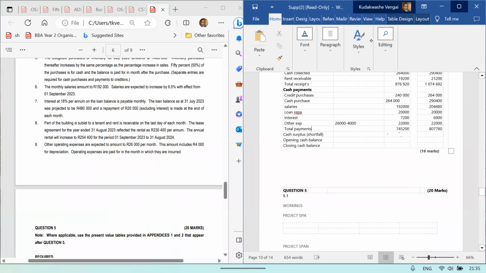All right. So now we have got total payments and we have got total receipts. If you take your total receipts and you subtract your total payments, then you get your cash surplus or a cash shortfall, right?